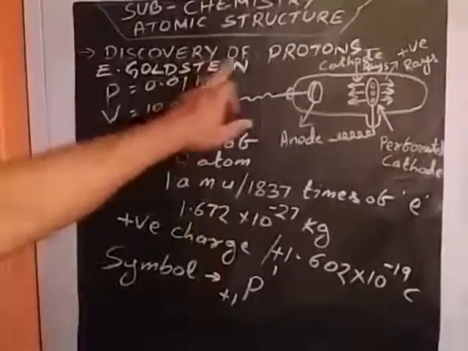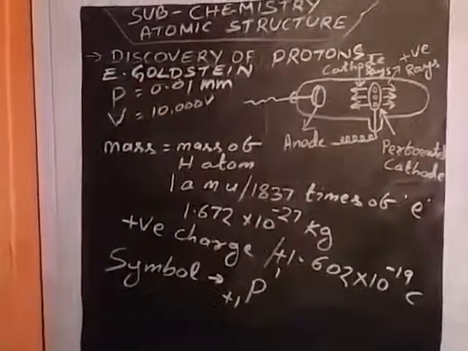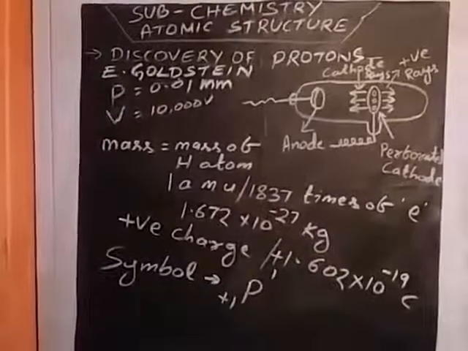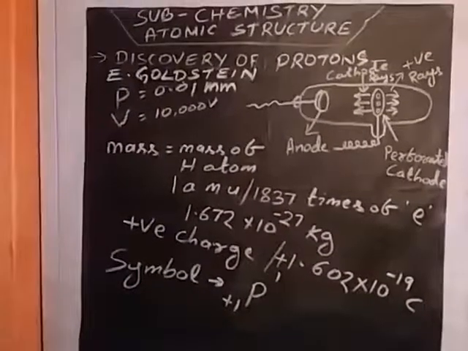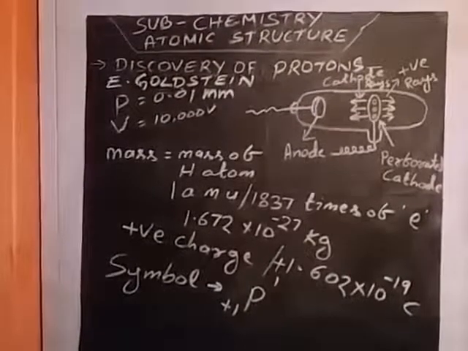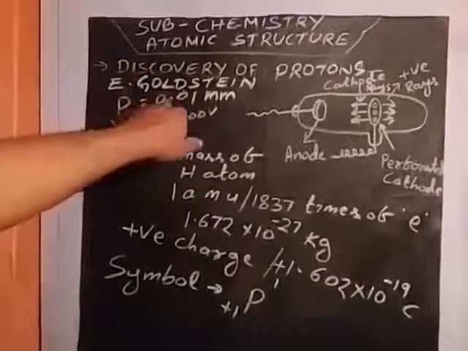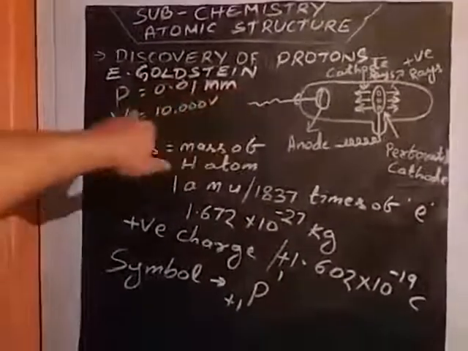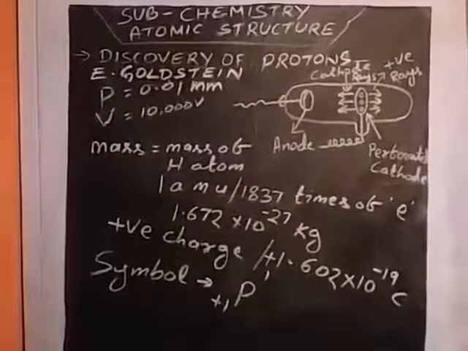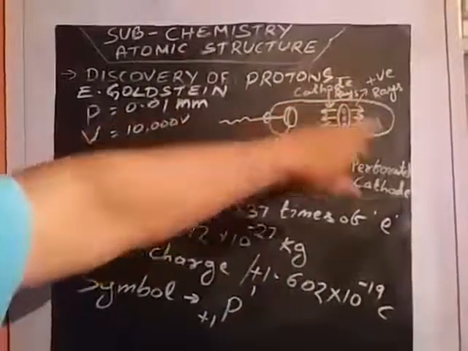Then the discovery of protons by E. Goldstein. You know the atom is electrically neutral. It consists of the same number of electrons and protons. If electrons are discovered by cathode rays, then there must be an opposite positive charge. So Goldstein used the same low pressure of 0.01 mm and a high voltage of 10,000 volts, with a perforated cathode in a hard glass tube.